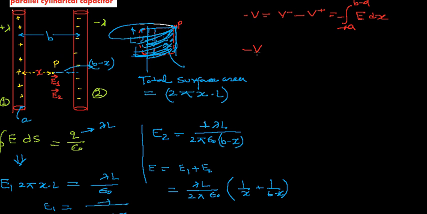Then minus V will be equal to minus the integration from a to b minus a of lambda L divided by 2 pi epsilon naught times 1 by x plus 1 by b minus x dx. This minus and this minus will get cancelled.